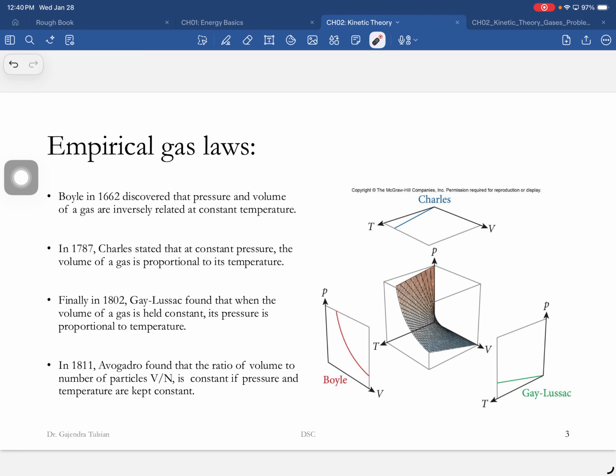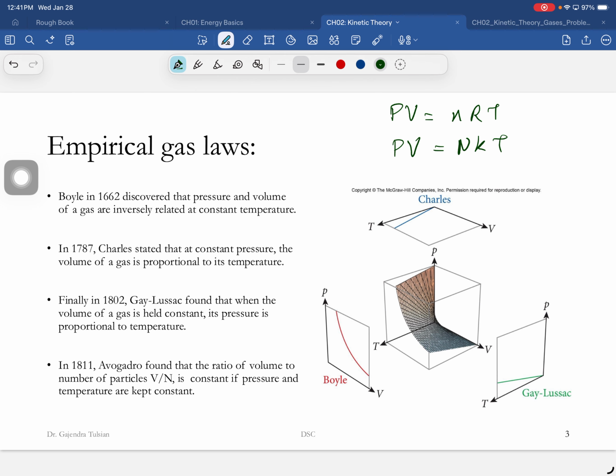So this ideal gas law, PV equal to nRT, or PV equal to NkT. You might have seen it in one of these forms. In this form, the little n is the number of moles of gas, R is the gas constant, and T is the temperature.